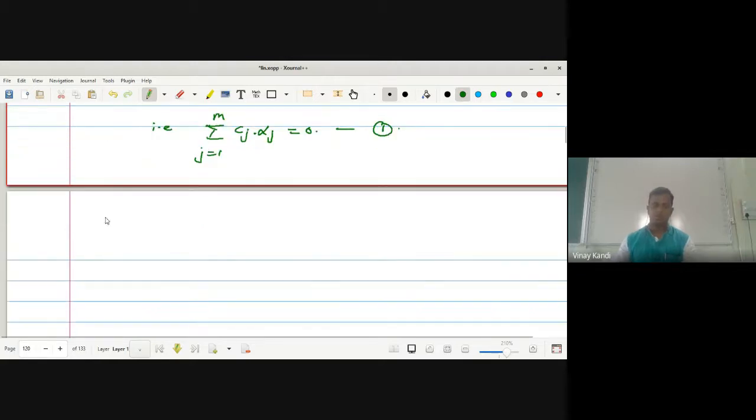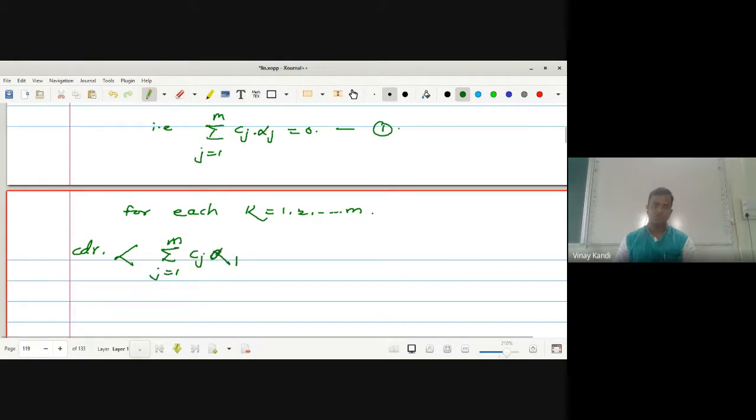Now again, for each k running from 1 to m, consider the inner product of summation j running from 1 to m of Cj alpha j with alpha k.